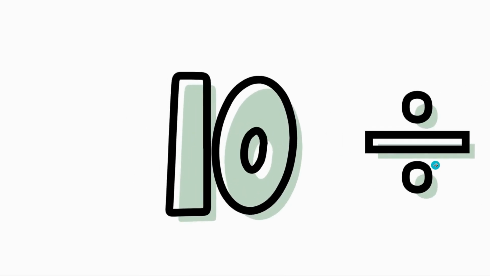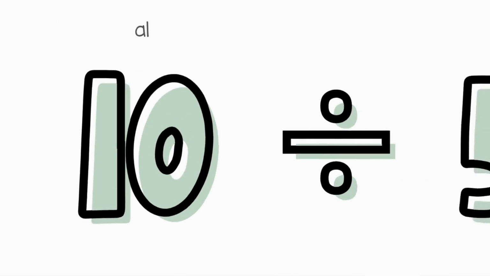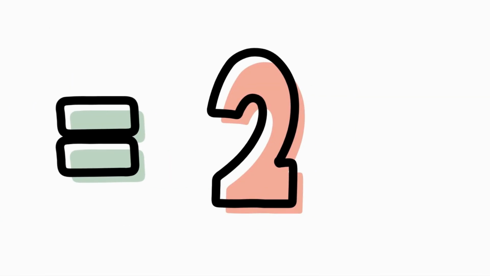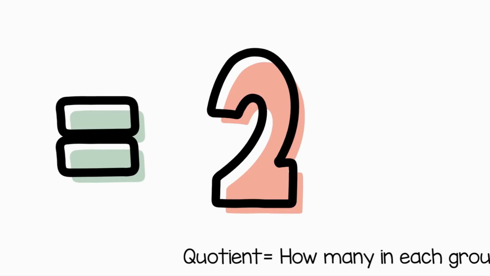Here we can see that 10 is our dividend, which represents the total amount of items we have to share. 5 is our divisor, which represents how many groups it will be split into. And 2 represents our quotient, which means how many in each group.